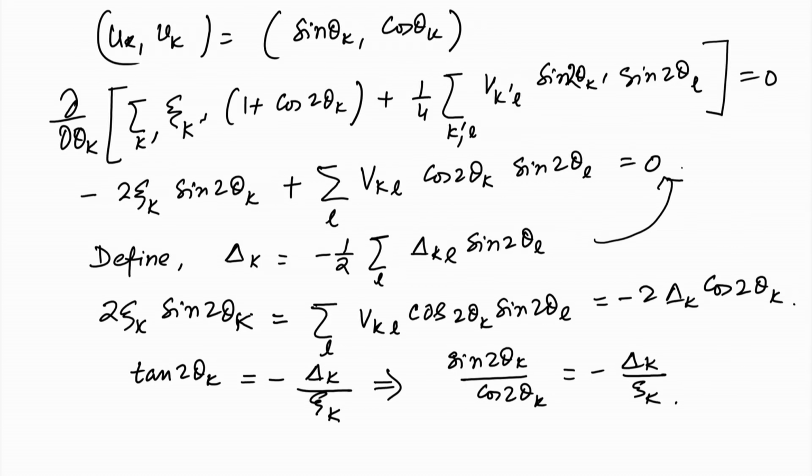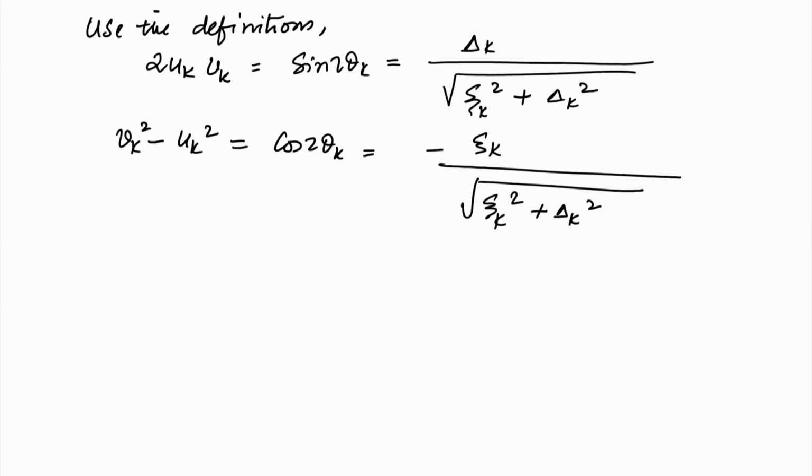So, that is why the cosine 2 theta k is taken with a negative sign. Alternatively, we could have taken the sin 2 theta k, but that would not have satisfied the boundary conditions that we have.